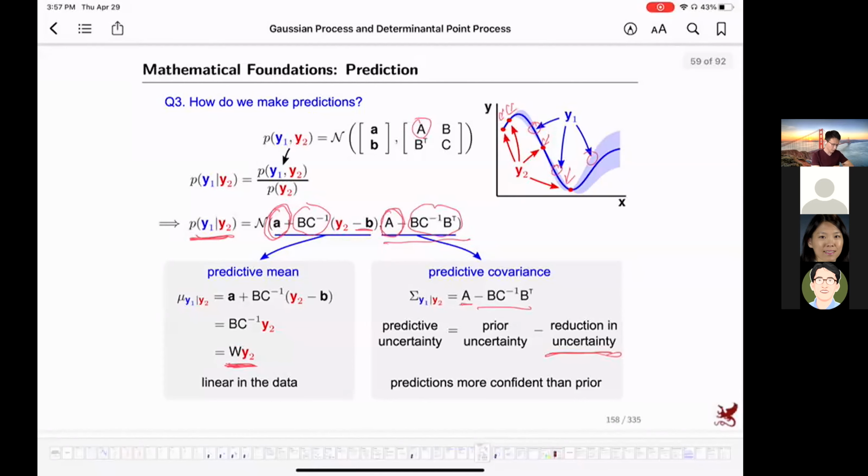Yeah, definitely. In terms of the covariance formula, the predictive mean depends on the data, Y2, right? So that is fine. But somehow the predictive covariance doesn't depend on the data. It's just based on our prior. Our prior determines our predictive covariance.